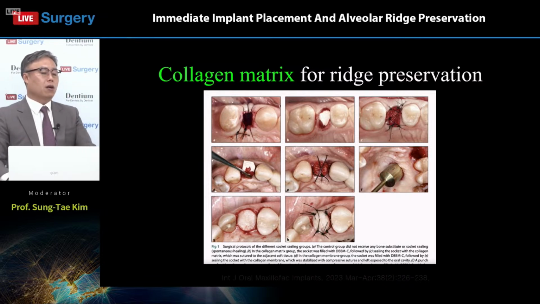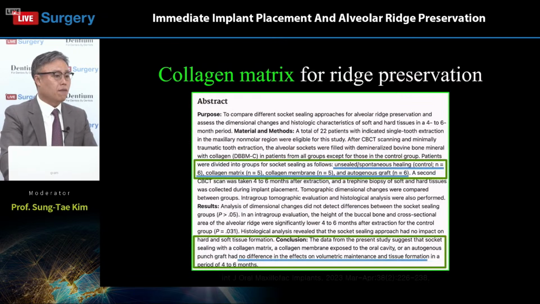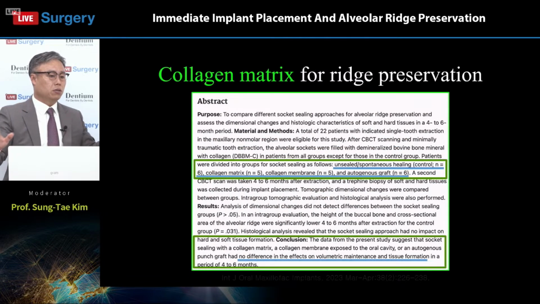In this paper, they compared results with the same bone graft material applied. In some cases we apply the free gingival graft, we apply the collagen matrix, and we apply the collagen membrane on top of the bone graft material, and they found there's no difference in volumetric maintenance and tissue formation. Therefore, for convenience, we can probably apply the collagen matrix or the collagen membrane.